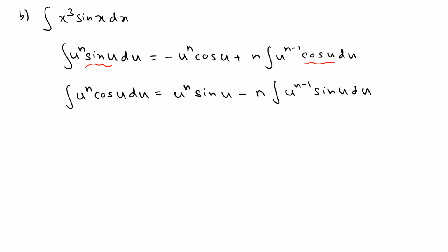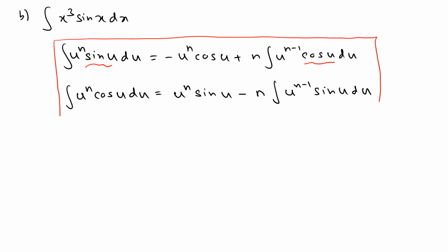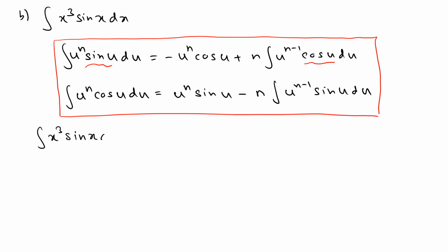So those are the two formulas. Let's use these two formulas now and see what we can do. Again, in the exams you will be given those formulas, so you don't need to remember anything. Who can remember this?